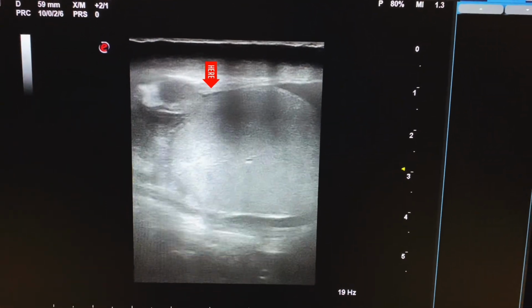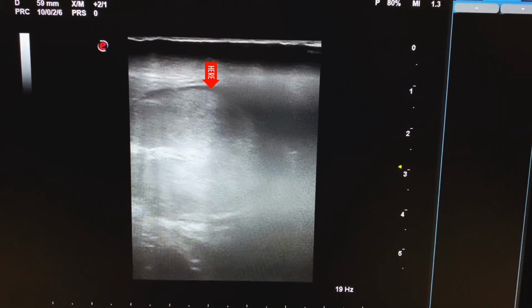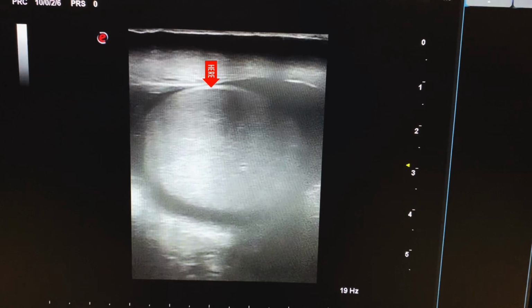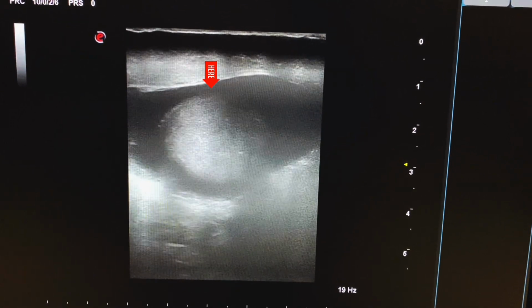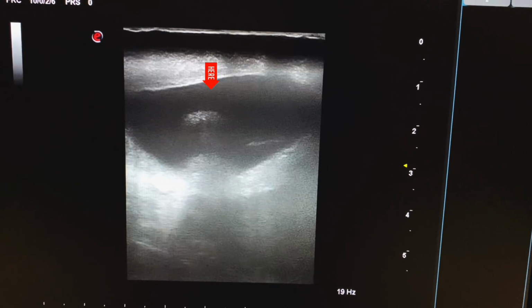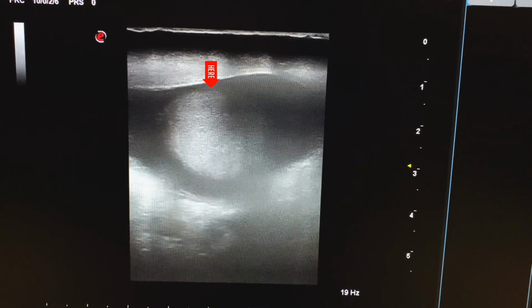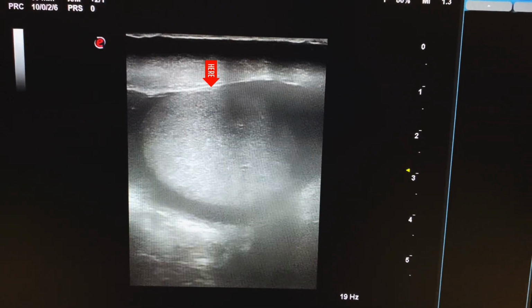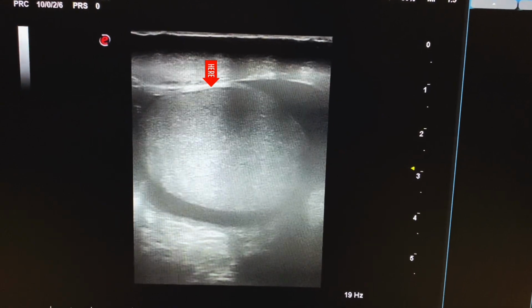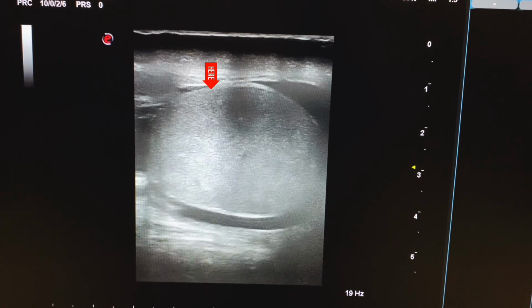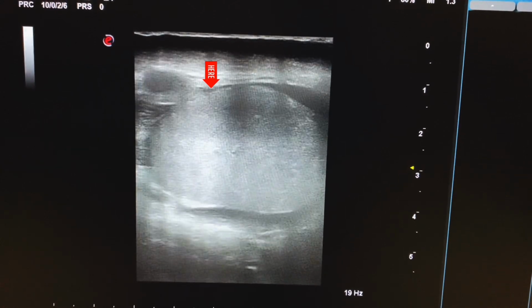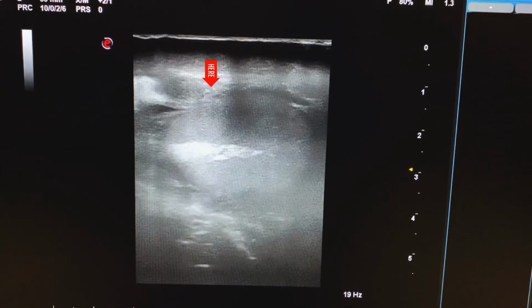Now we scan the left testis. It also shows heterogeneous texture, and we also see fluid in the scrotal sac. The size of the testis appears to be normal.